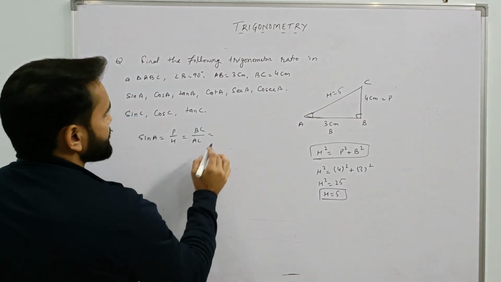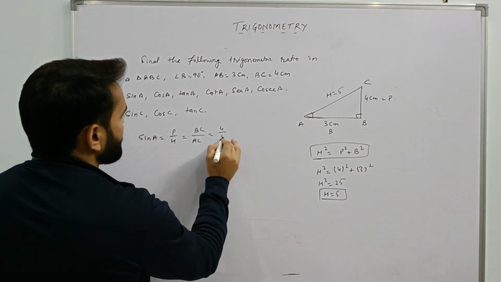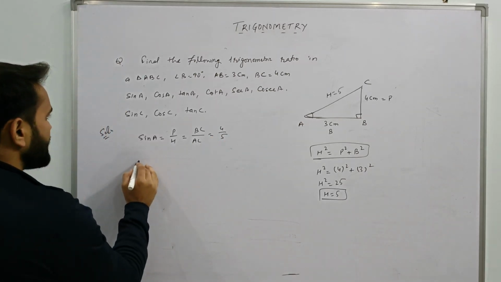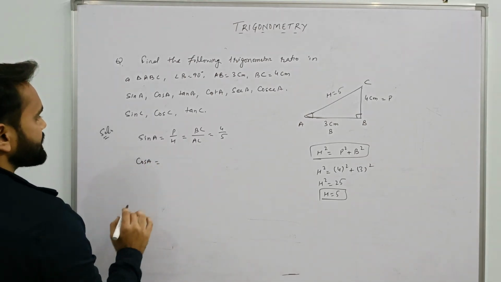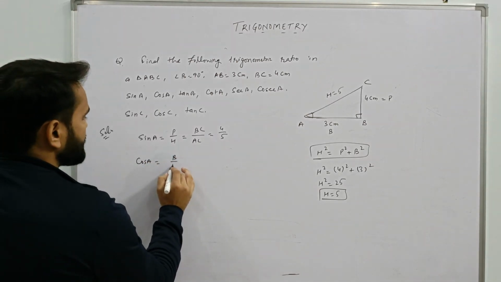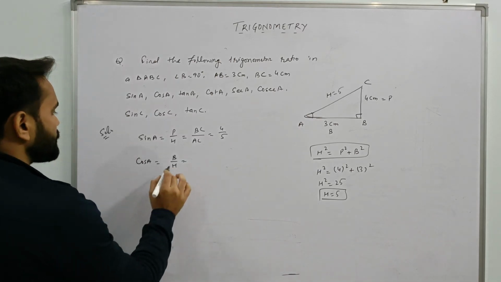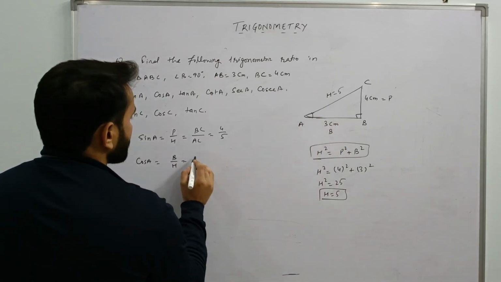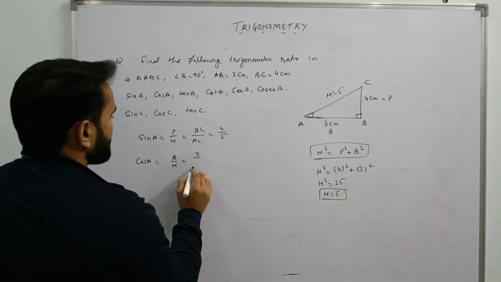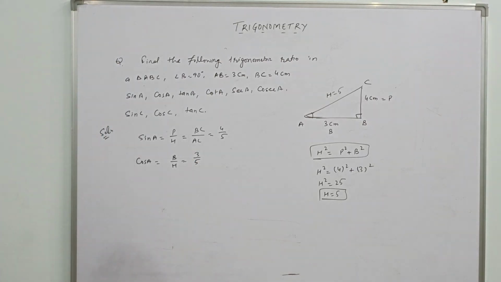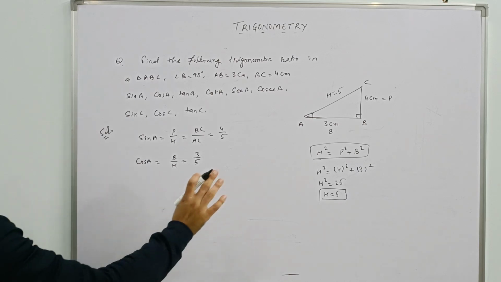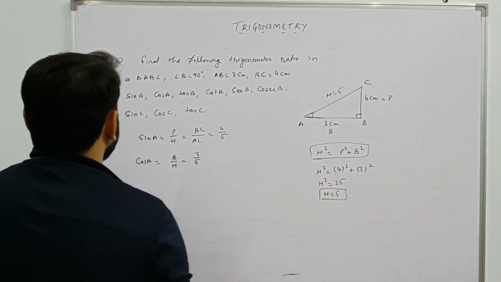So sine A is equal to 4 upon 5. Similarly I can find cos A. Cos A is base upon hypotenuse. So here base is 3 centimeter and hypotenuse is 5 centimeter. Similarly we can find all the trigonometric ratios with the help of the formula we have given.